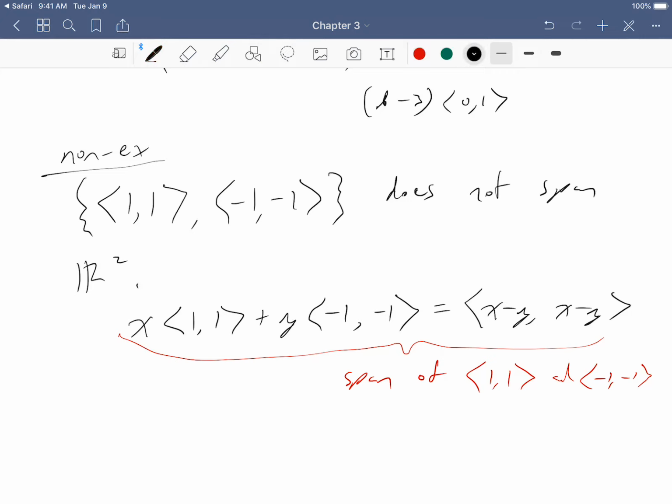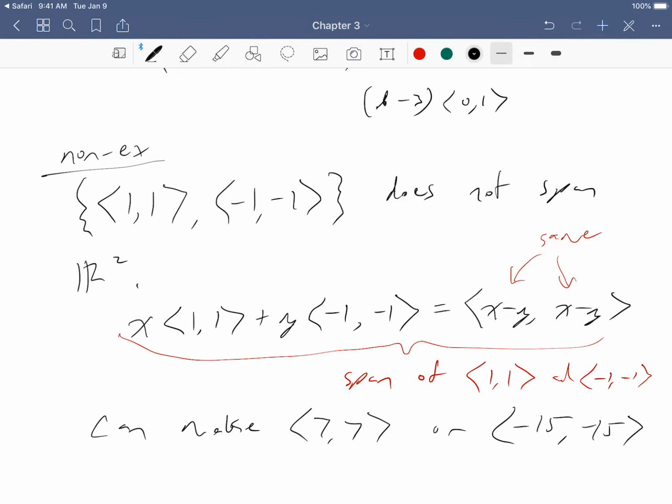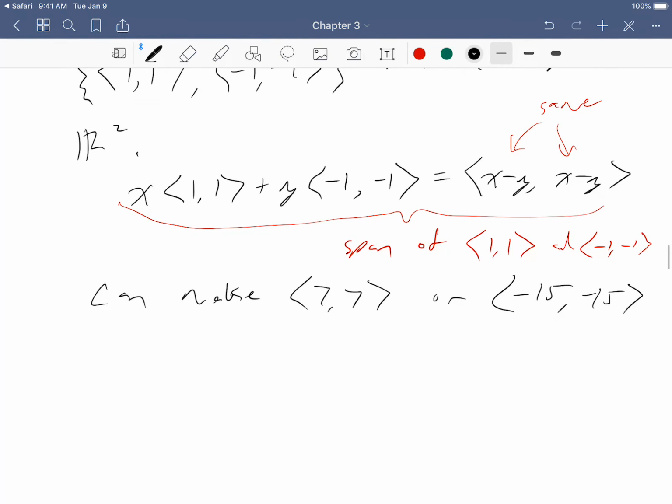Okay, but notice the span is very particular. Like the x minus y and x minus y there, those are the same. Okay, so that means we can build, for example, 7, 7 or negative 15, negative 15. That's not going to be a problem. But what we can't do is anything where the first component and the second don't match.